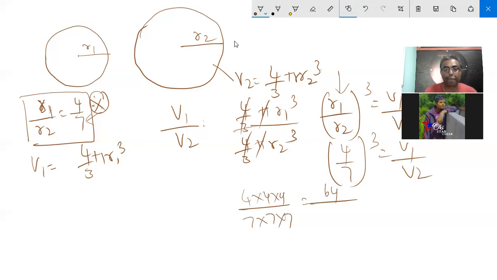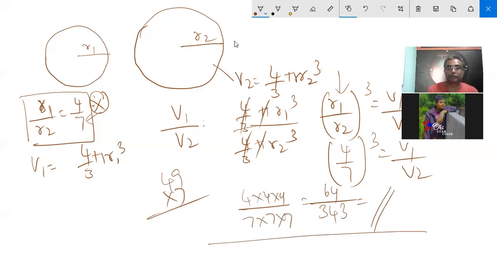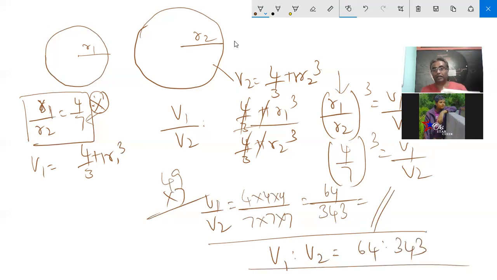Okay, sir. 7 into 7 into 7. 49 into 7, how much? 343, sir. 343. The answer is done. V1 by V2 is equal to, or you write V1 is to V2 is equal to 64 is to 343. Matter over. See, the sums are all very simple.